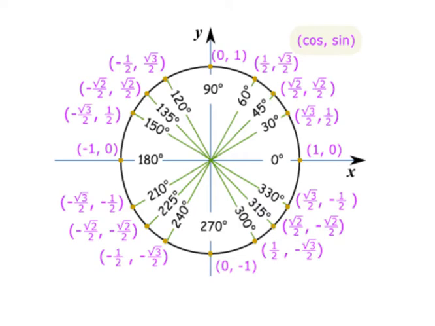Here is a completed unit circle. I see that 225 is right here. So when I draw my angle in standard position, I'm going to draw it like this, which leads me to this coordinate.